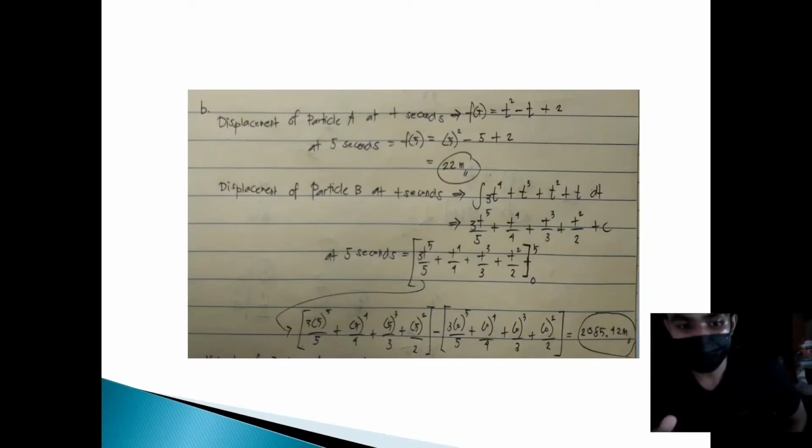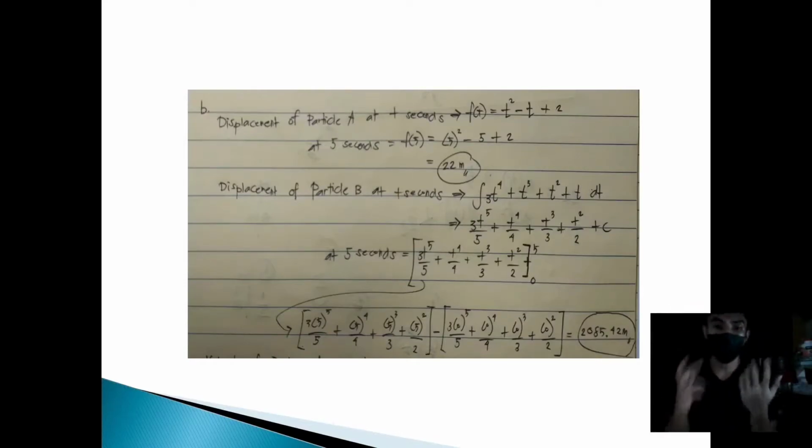The plus c is only applicable to an indefinite integral. So since we have a definite value, which is 5 seconds, we're going to find the definite integral with a range of 0 to 5.